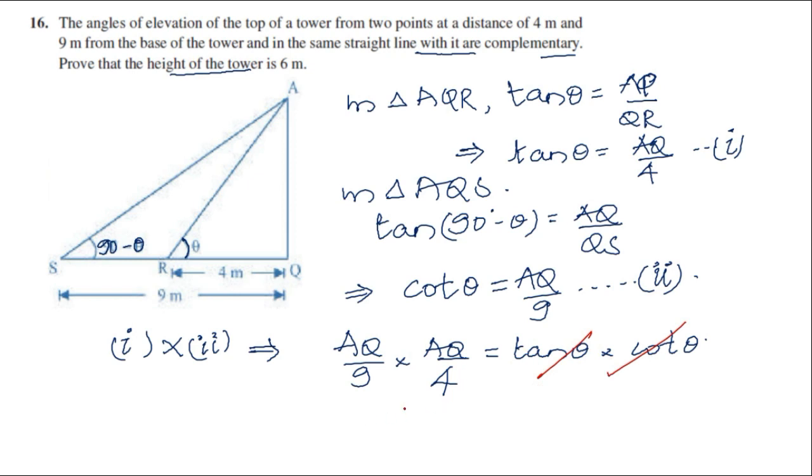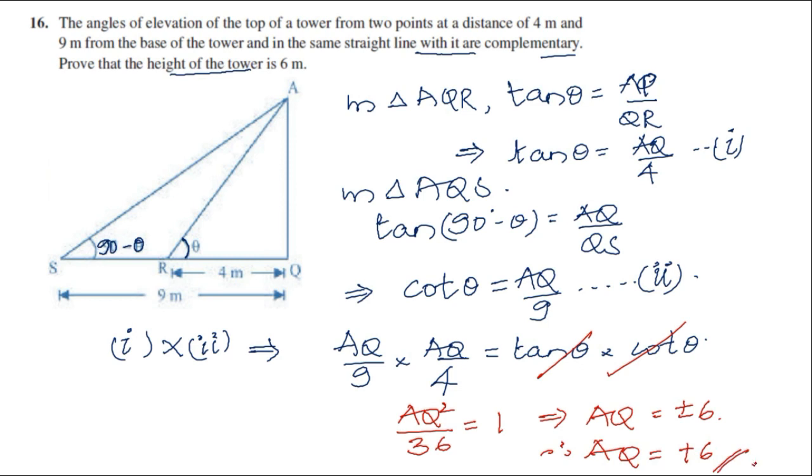So AQ square divided by 36 equal to 1. This implies AQ is plus or minus 6. Therefore, AQ should be taken as positive 6 because the negative height should not be considered for any object. So 6 meters is the height of the tower. We have proved that the height of the tower is positive 6 meters.